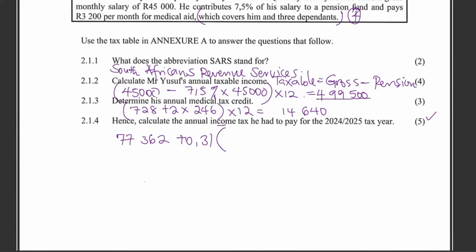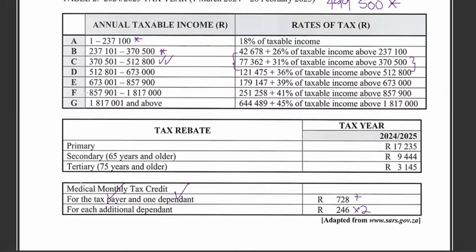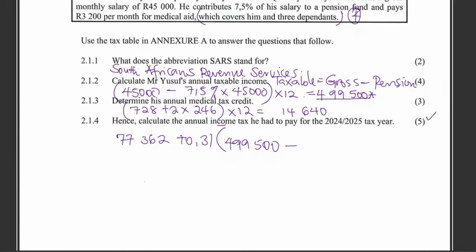0.31, open brackets. 0.31 comes from 31%. So open brackets, we bring this taxable income, put it inside there. We have 500 minus what we saw, minus 370,500.